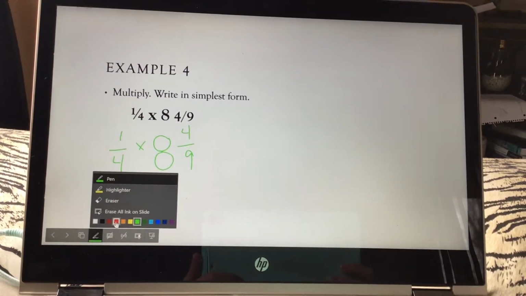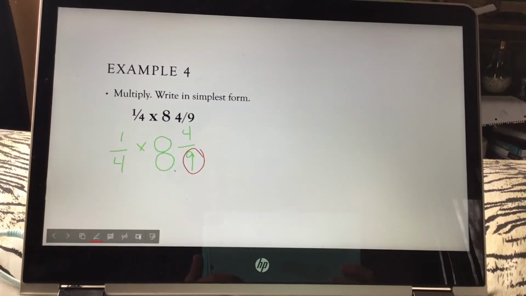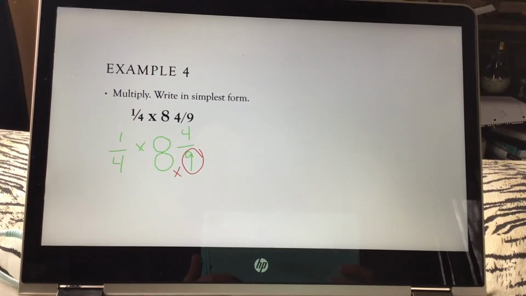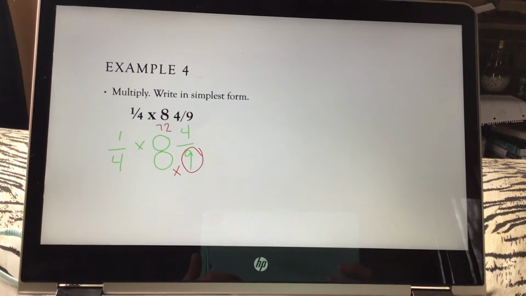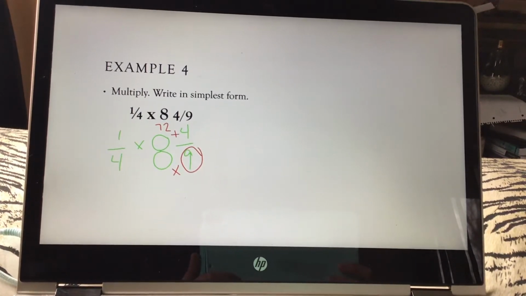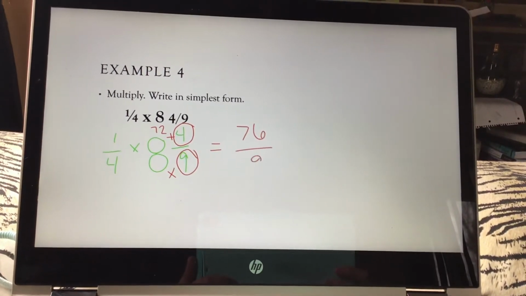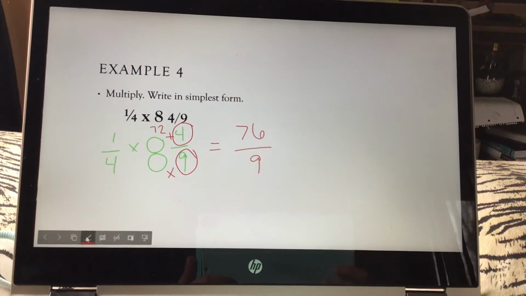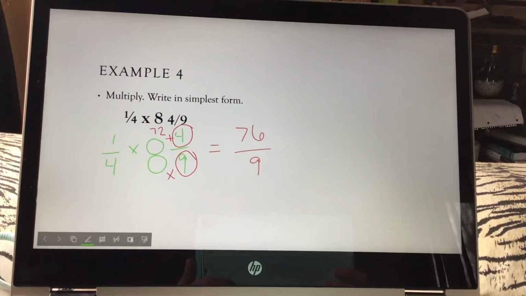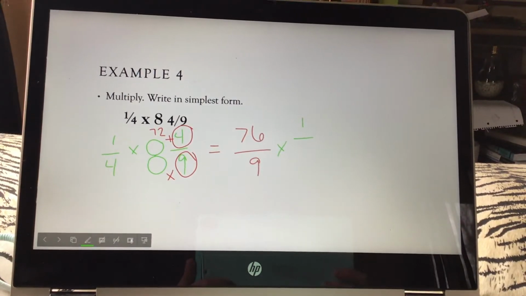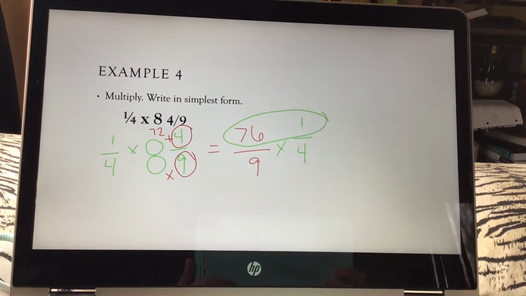We take 9 times 8, 72. 72 plus 4 equals 76 over 9. So that's our improper fraction. We're going to multiply it by 1/4. That's our original problem.